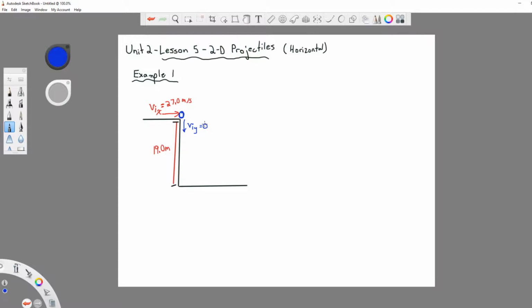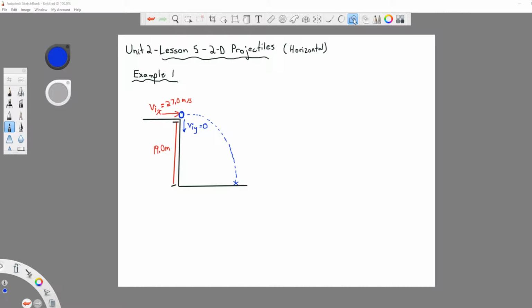So its initial velocity in the y is 0. So as this thing goes on its path, you can imagine a ball falling off of a cliff. Maybe I'll start this a little more horizontal. It's going to start going straight, but it's going to start to accelerate downwards, and it's going to create a curve. It's going to splat down here somewhere.